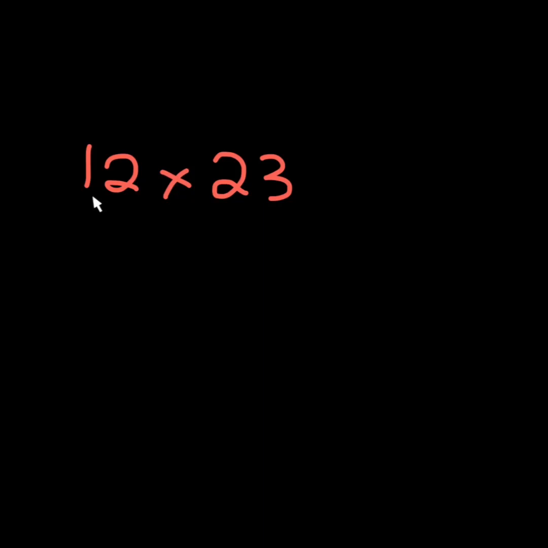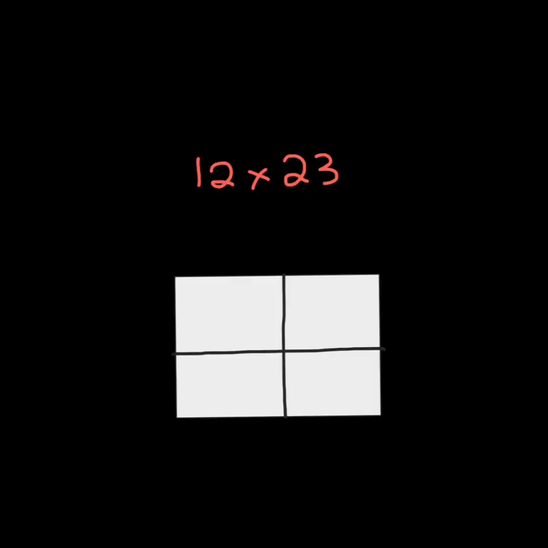So 12 is the same as having 10 plus 2. And 23 is the same as having 20 plus 3. It's important to realize that, because when we go to multiply the numbers, we're going to break it down in terms of the tens and ones.